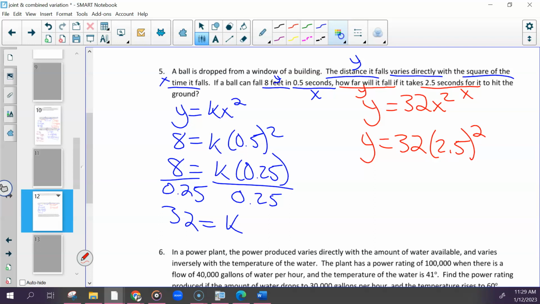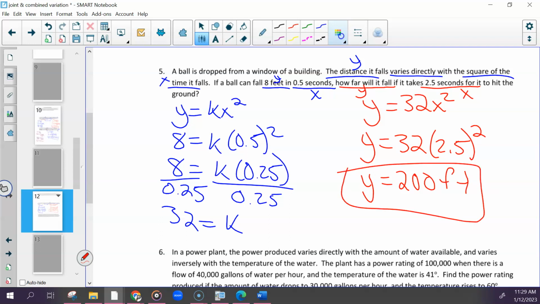What would our y value be? 200, and then 200 what? Feet. Questions on that one?